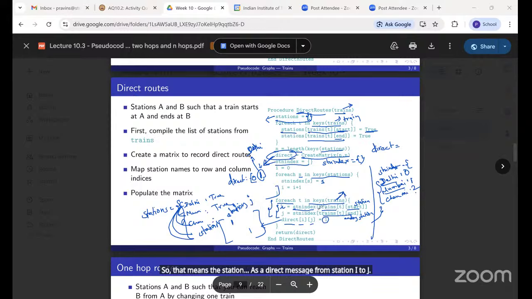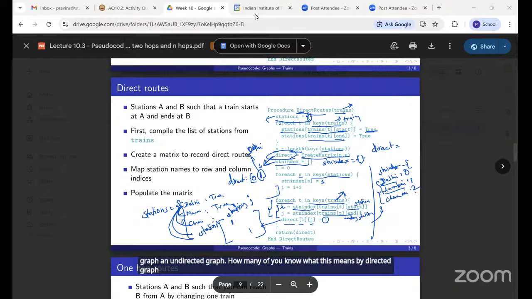And also do remember there is something called a directed graph and an undirected graph. How many of you know what is meant by a directed graph and an undirected graph? Manshu, okay.